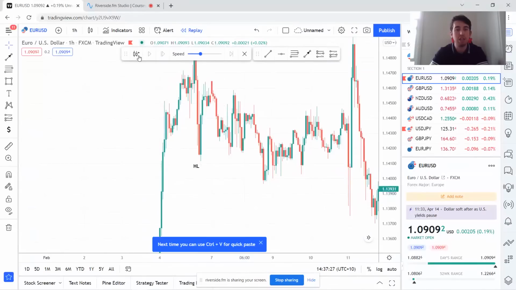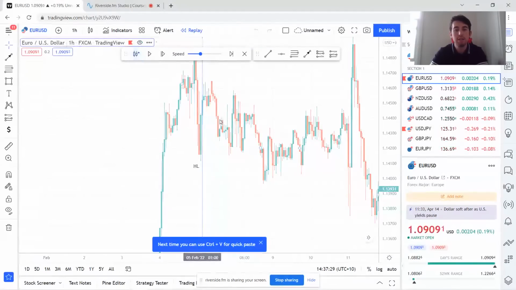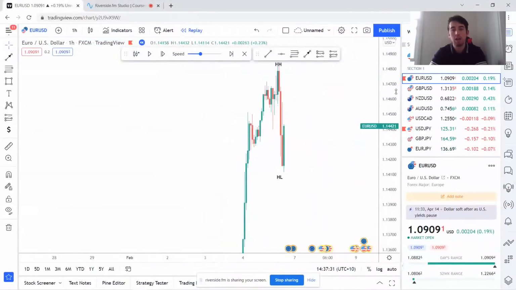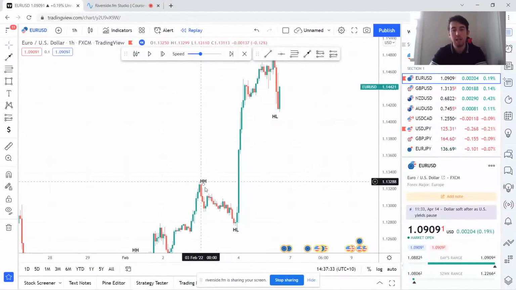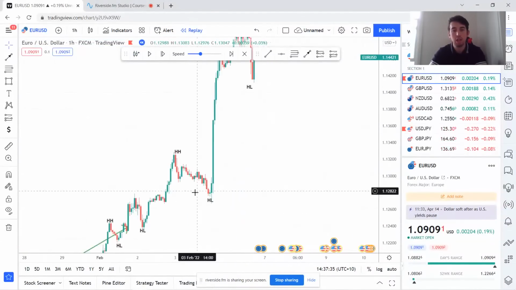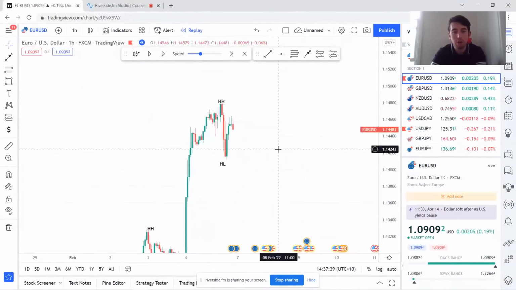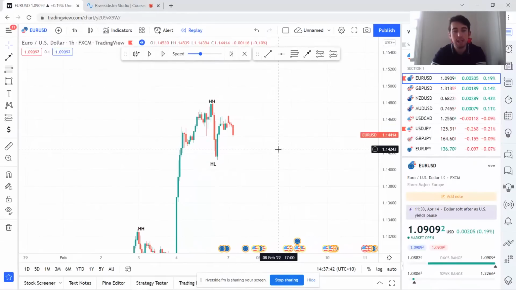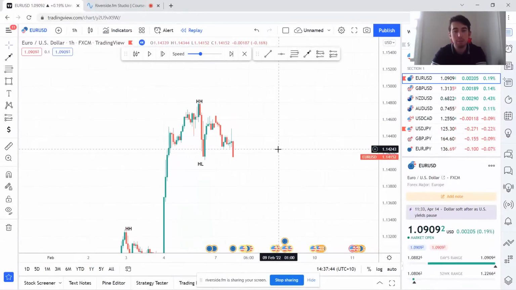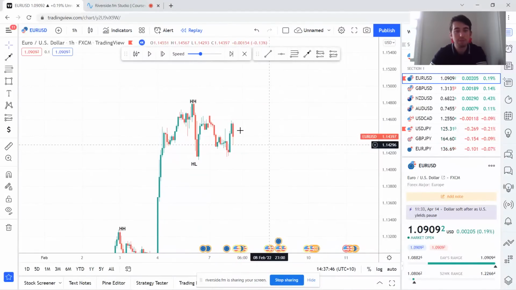If we were to just catch it in a live scenario, this is what the market looks like. Of course, we've got a higher high because this high is higher. But as the market continues to go on, we can see that, in fact, the market drops.